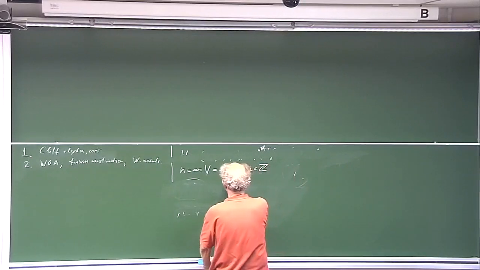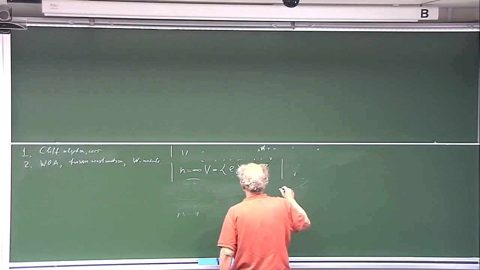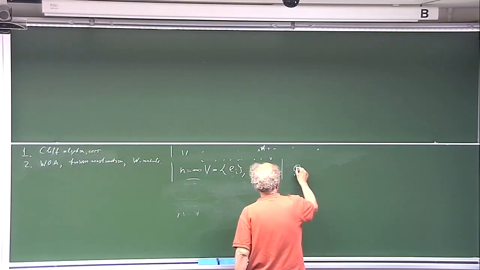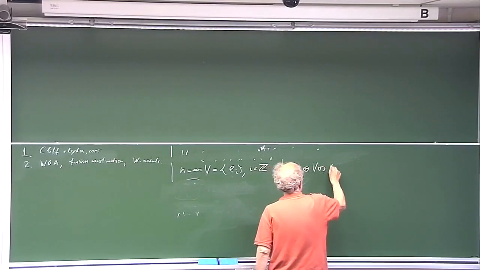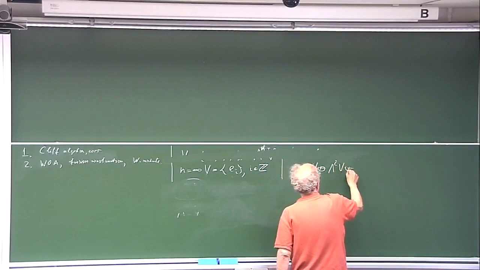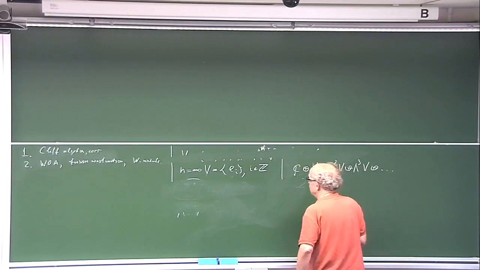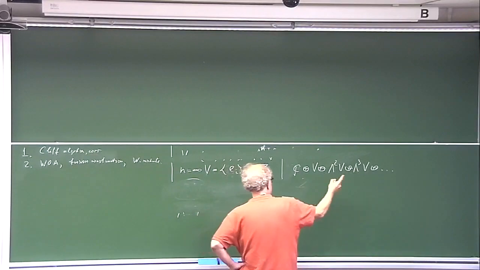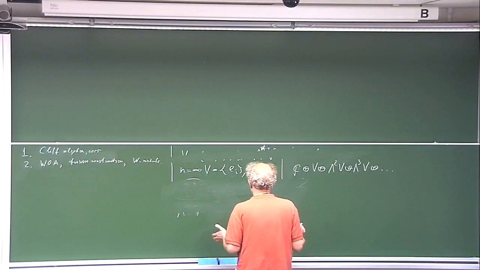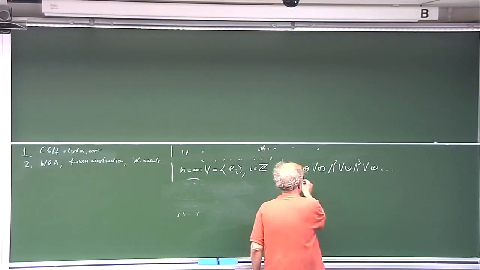I'm working with this, i belongs to Z, and so I can write down C plus V and so on, and so it will be just Grassmannian algebra, and in this Grassmannian algebra bases are just monomials, and so this is it.